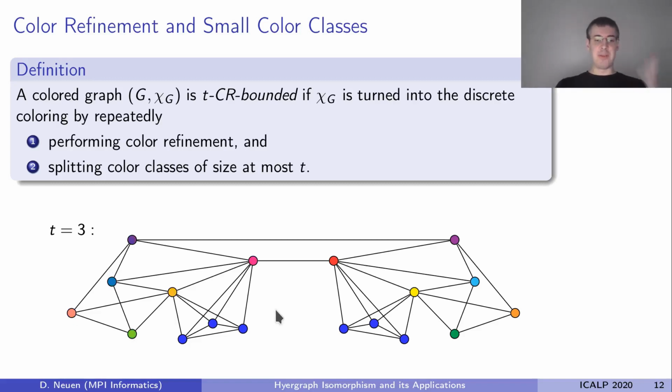So now we can split them all, assigning different colors to the two vertices in these color classes, like this. Now we can see that the coloring is actually not stable with respect to color refinement anymore, so we can refine again. Then we have a color class of size 3 again, so we can split. And now you can see that every vertex has a different color, so the coloring is discrete, and we have proved that the graph is t-CR-bounded.